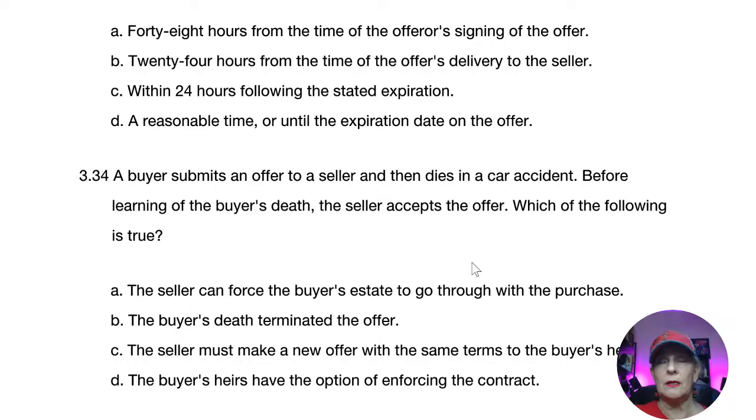The seller might want a decision within 24 hours if they're in a rush. And the buyer might counter, and there's no contract, right? If it's not within the timeline.